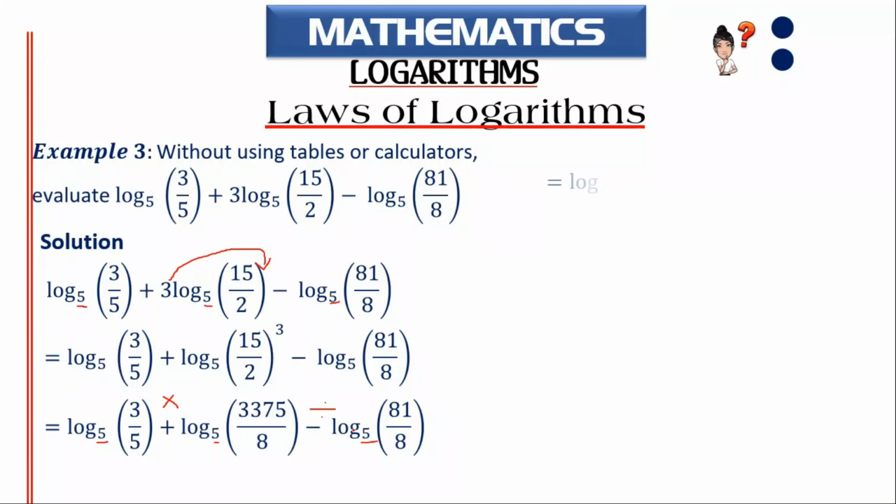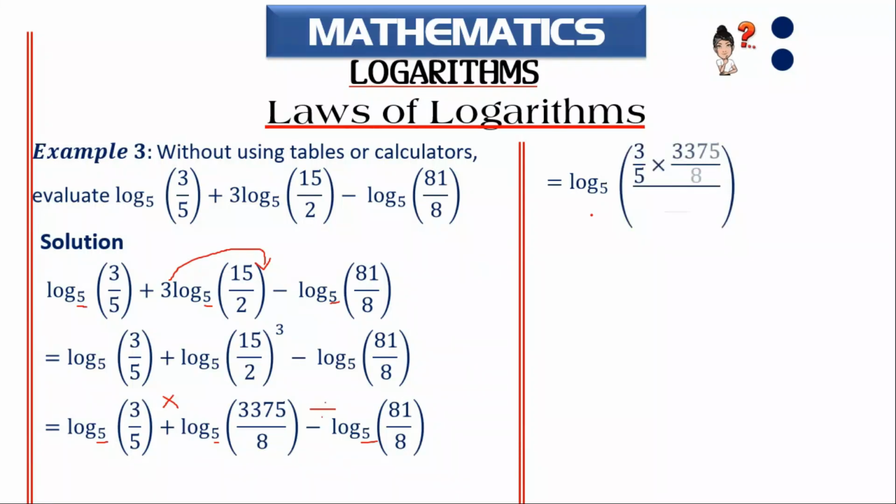So we have 3 over 5 times 3, 3 over 5 times 3, 3,375 over 8. Then everything divided by 8 is 1 over 8.